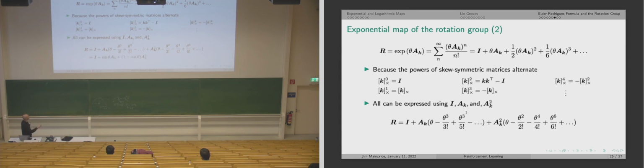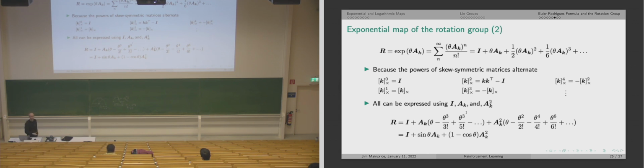And we identify, using basic Taylor expansion of sine and cosine, that this is the sine of theta, and this is 1 minus the cosine of theta, sorry.